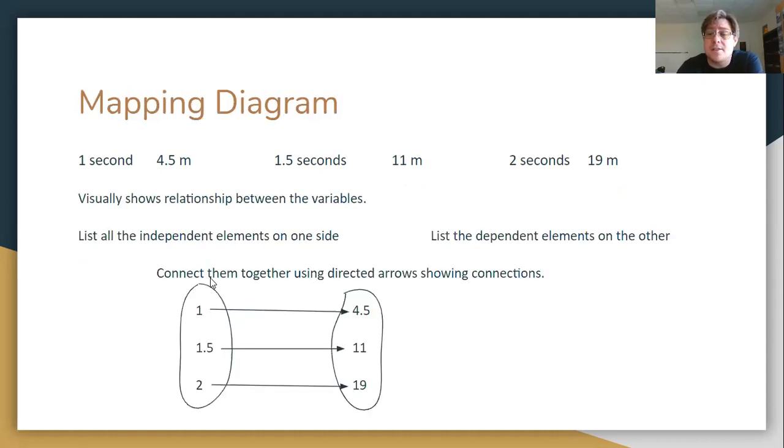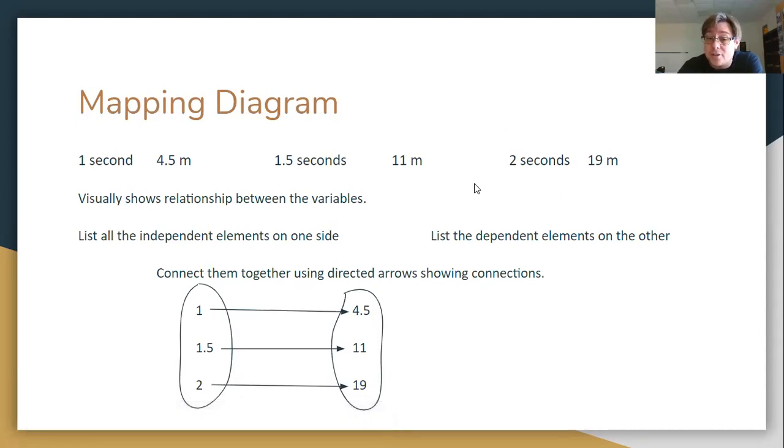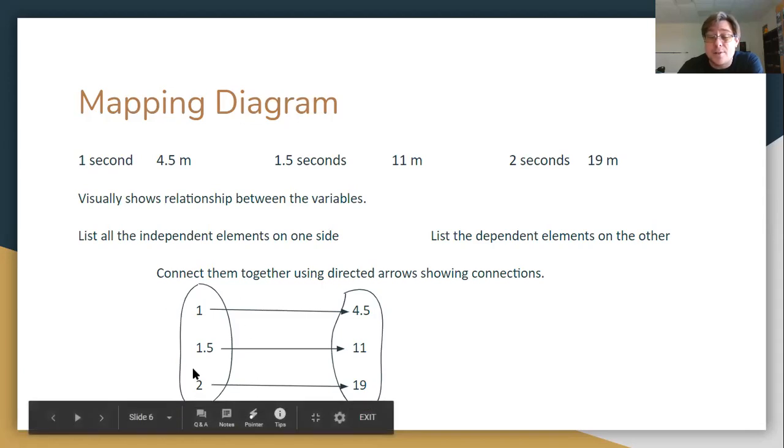The second way that we can show it is through a mapping diagram. A mapping diagram lists out all of the inputs, and then it lists out all the outputs separately, and then it connects them visually. When we write these, I'll usually write it out as a column. So all of our inputs are our 1, our 1.5, and our 2. And it's always better to put these in increasing order. So 1, 1.5, 2.